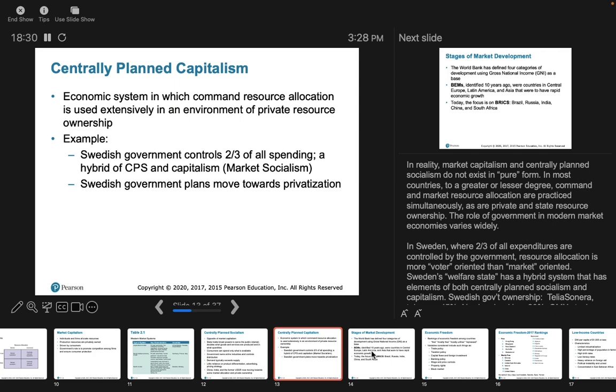Okay, in most countries, like I had mentioned, to some extent, resource allocation and resource control are simultaneously done by both the state and the private sector. The role of government in modern market economies varies widely. This depends on the country. Some play a very huge role, and some do not. They interfere, but in a very small way.